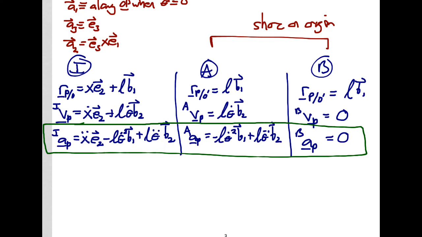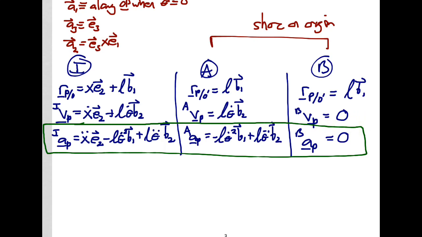This is what we would need to be like in order to use one of these other frames of reference. So let's use the easy one. So if we observe the acceleration from the point of view of reference frame B, we see that acceleration of point P within reference frame B is always going to be 0 in this situation.